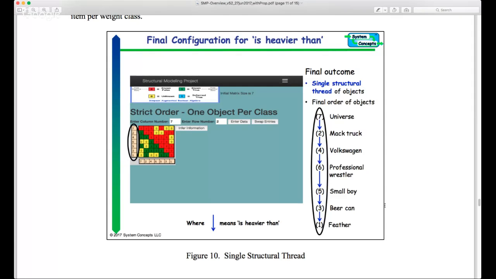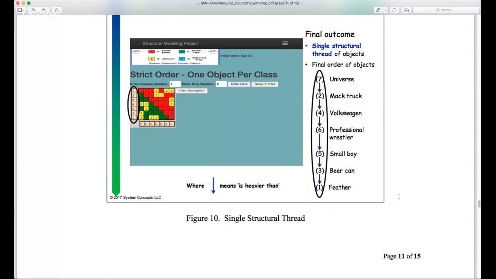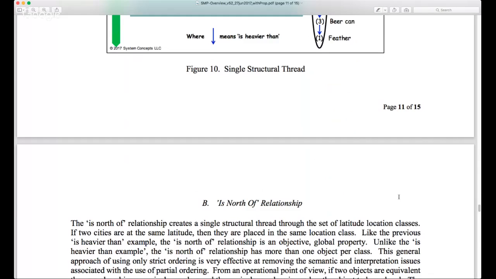And so here we say, basically, we have a single structural thread object for the is heavier than, which is global and objective. And then we have a single structural thread for spatial position, which again is objective, global.